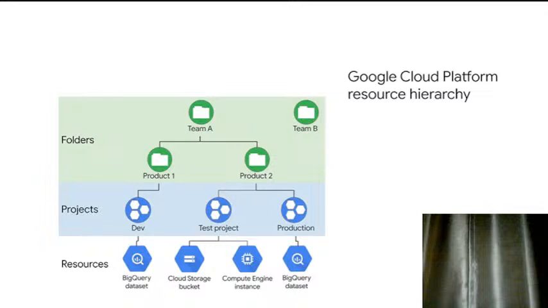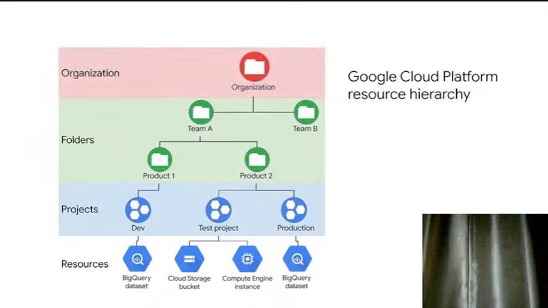But what's an organization? The organization is a root node of the entire GCP hierarchy. While it's not required, an organization is quite useful because it allows you to set policies that apply throughout your enterprise to all the projects and all the folders that are created in your enterprise.